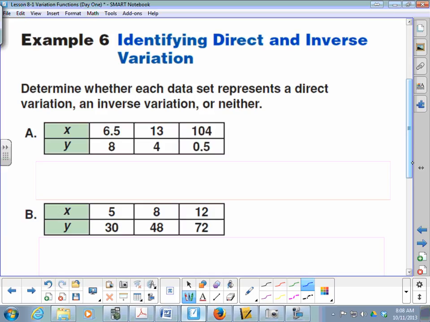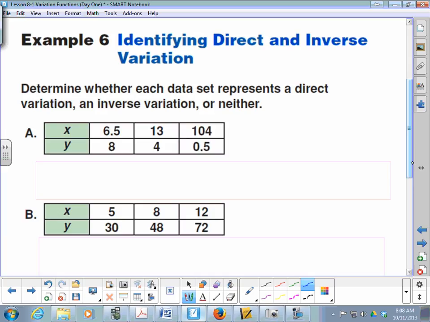So look at letter A here. We have 3 points: 6.5 and 8, 13 and 4, and 104 and 0.5. If I multiply or divide all those numbers, do I get the same result? What you want to do is look at them and say, which one makes sense?